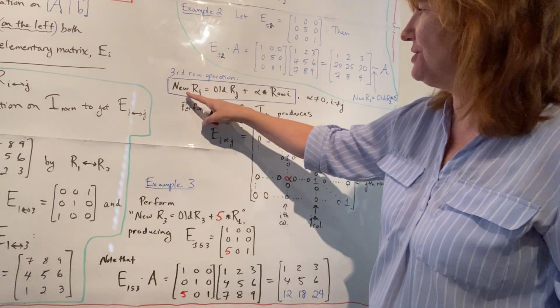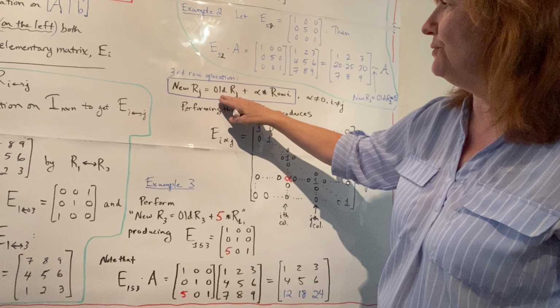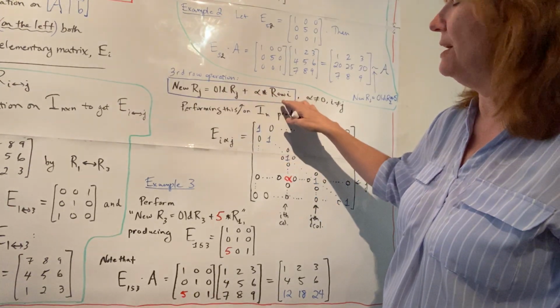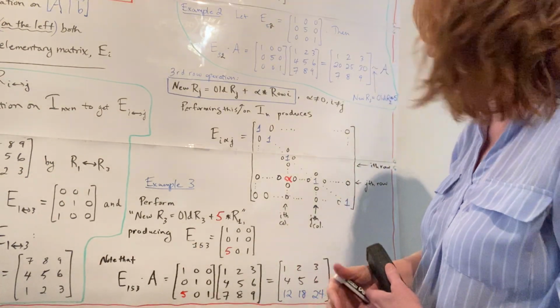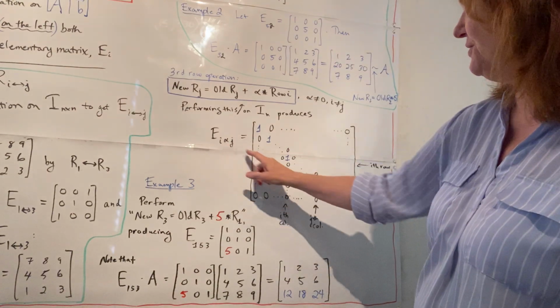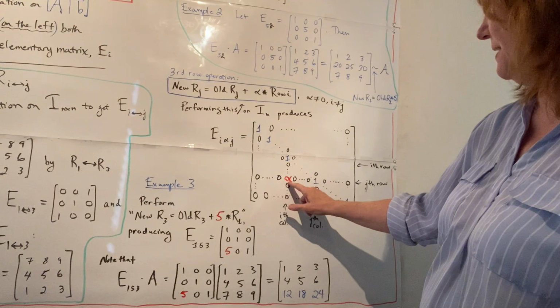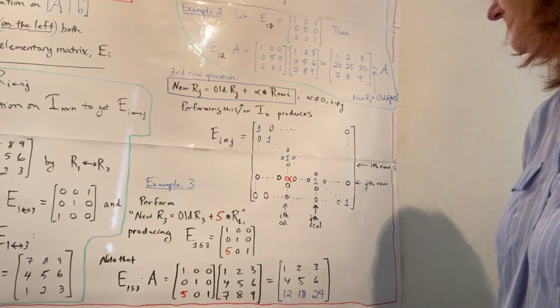Remember, with this row operation, your new row j has to be equal to its old self without any scalar multiple, to which you are adding a scalar multiple of a different row. That's the only way that is an elementary row operation. So that's what the elementary matrix E_i alpha j will look like. In the ith, jth spot, there'll be an alpha. That's the only difference from an identity matrix.